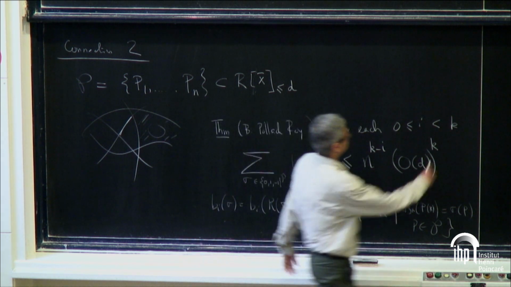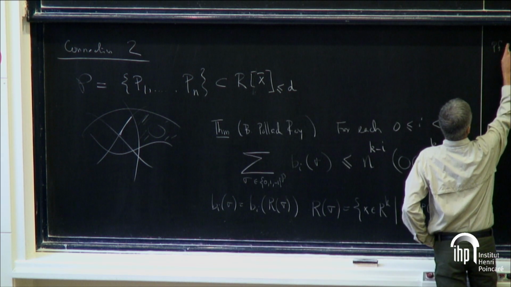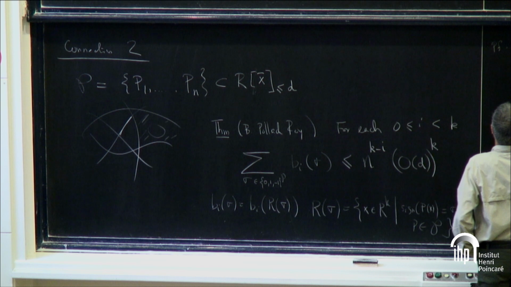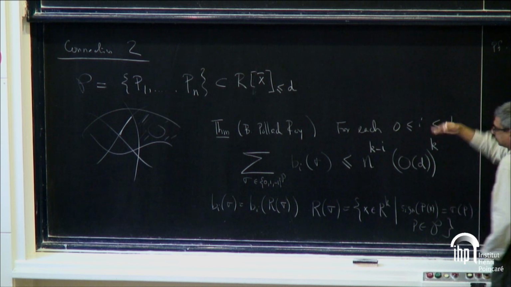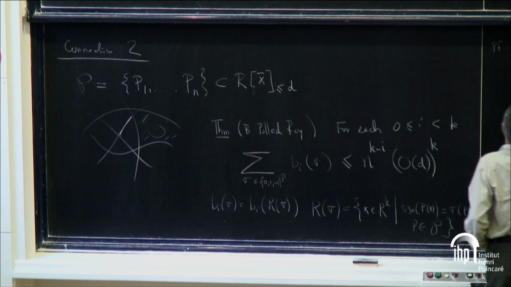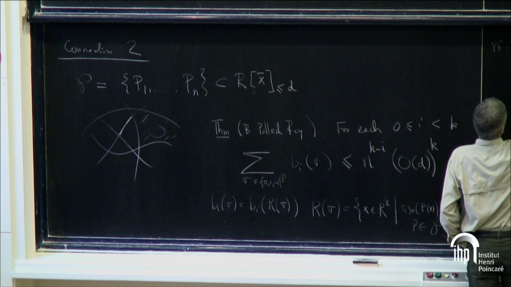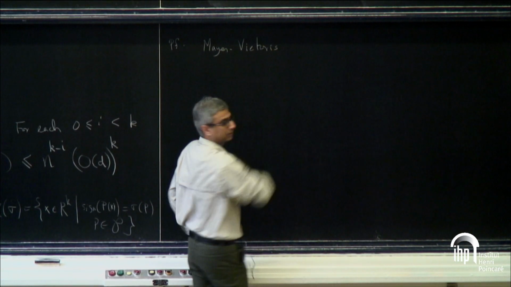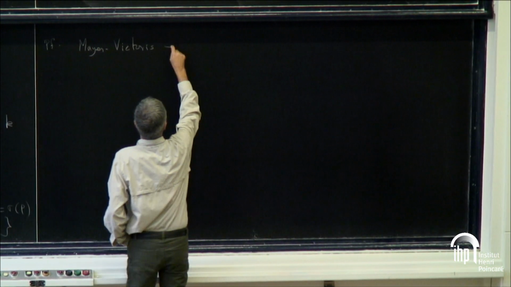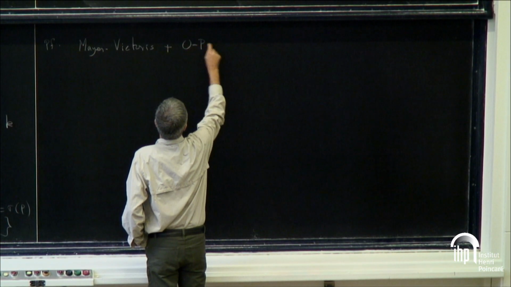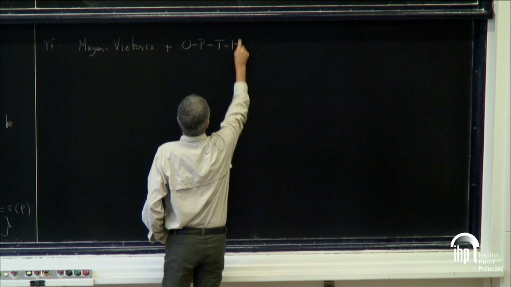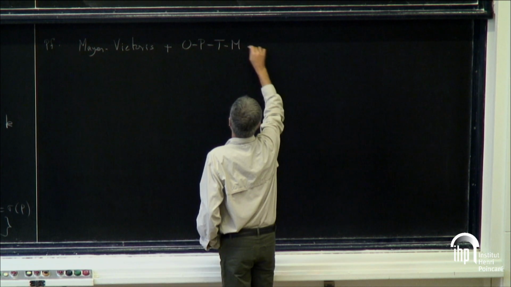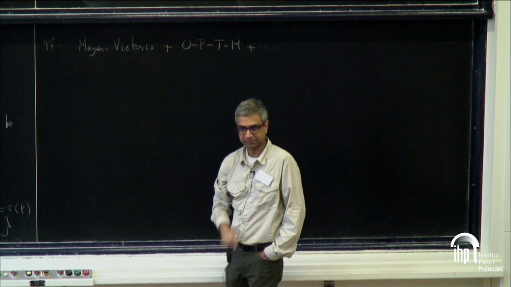So I'll say the proof of that is really some combinatorial type argument involving the Mayer-Vietoris exact sequence. So the inequality is coming from the Mayer-Vietoris sequence plus the Oleinik-Petrovsky bound for Betti numbers of algebraic varieties plus some perturbation tricks.